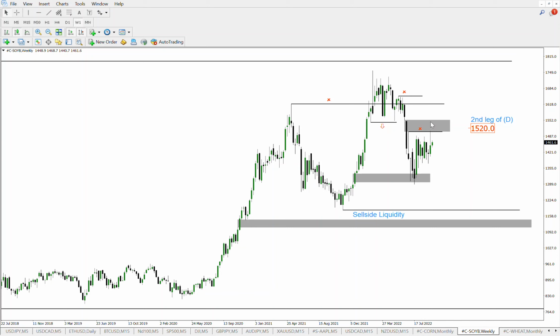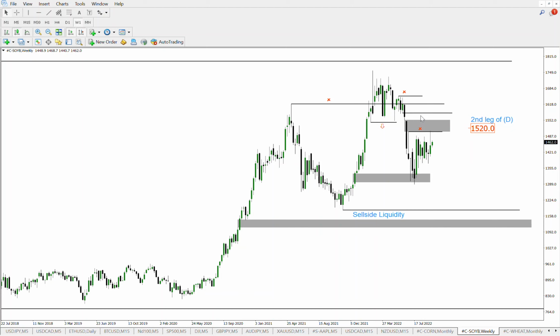Because if price comes up here, we have two gaps. Price can come into this order block here if we get really exaggerated, but I don't think we will. I think we're going to come into the consequent encroachment of this gap and then sell off, or somewhere in that area.